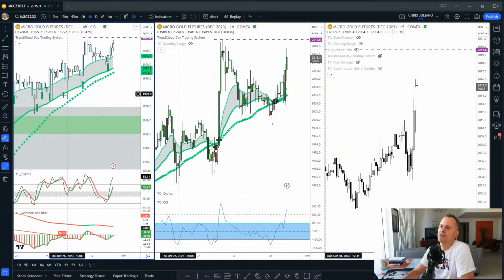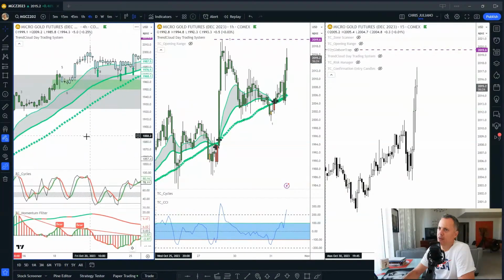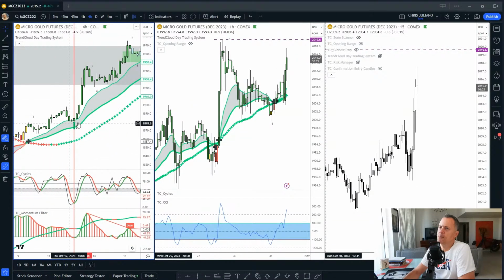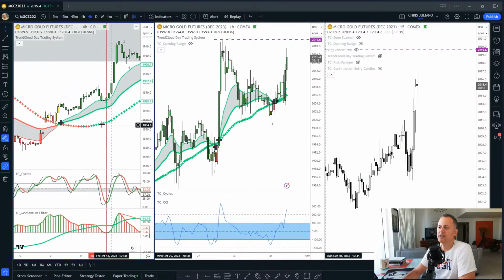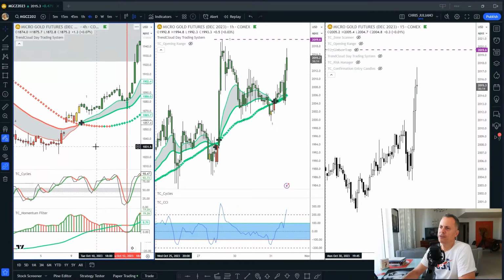See how the TrendCloud signals work best in a trending market. So you've got to really study what the break of trend classical charting pattern looks like. It looks like an N, right?